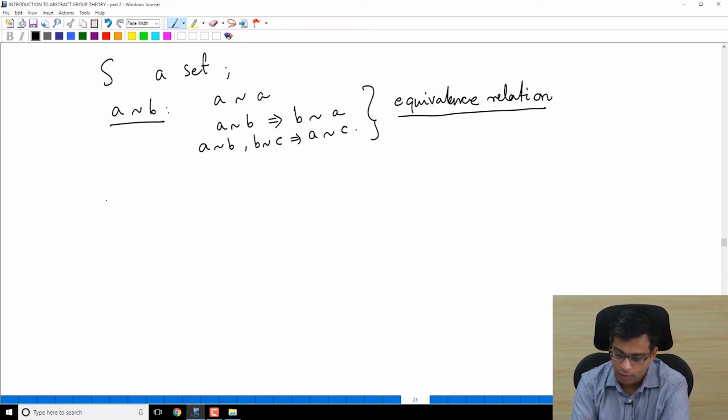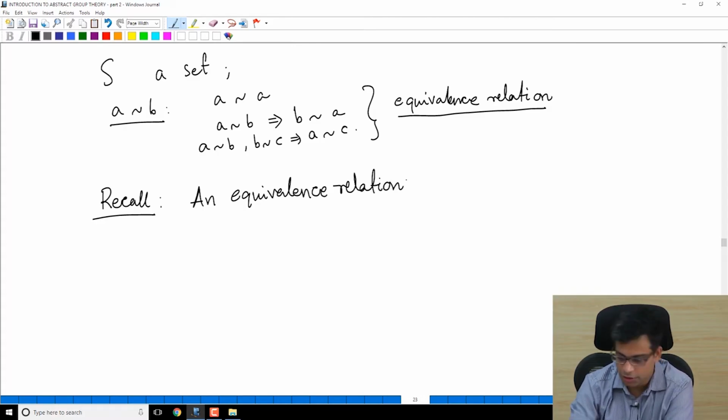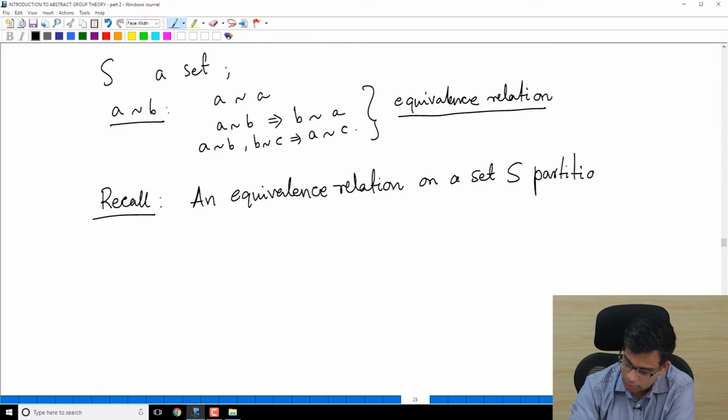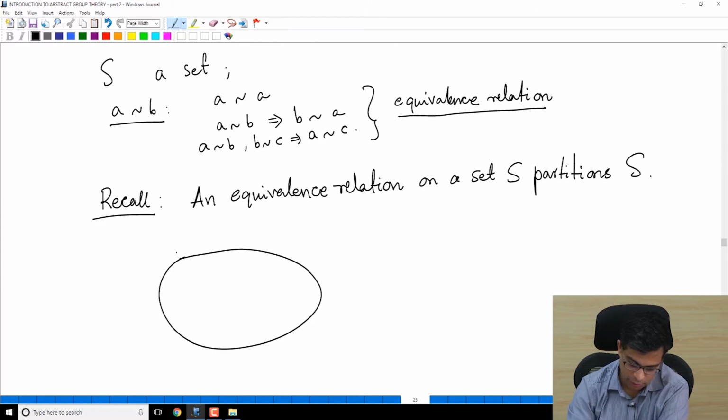But the main fact that I want you to recall from that video and that we'll use today is that an equivalence relation on a set S partitions S. I discussed this in all those examples of equivalence relations.